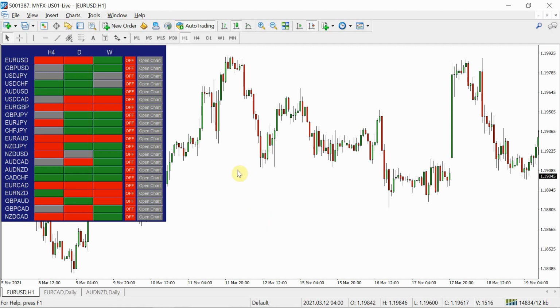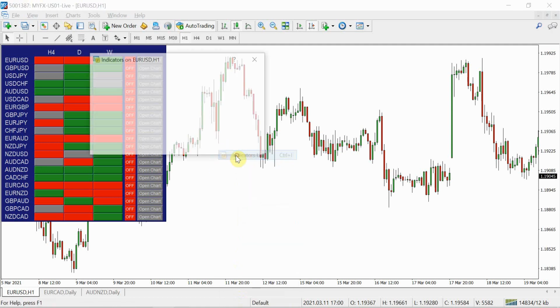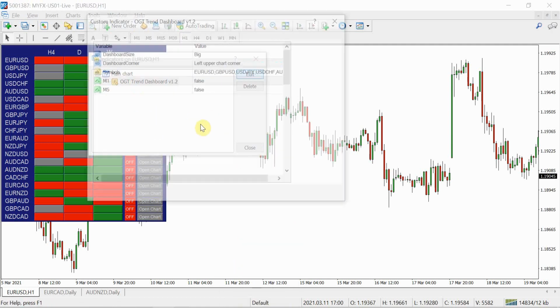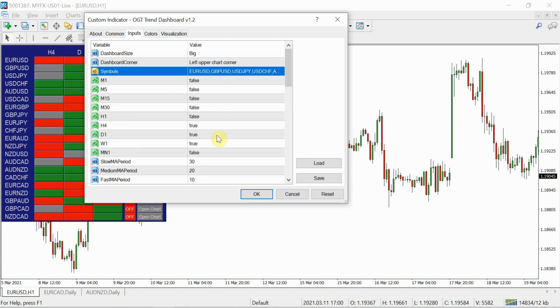What's really neat on the trend dashboard is this cool little feature which allows you to select all time frames trending. That basically means for the time frames you selected, so in our case the H4, the daily, and the weekly, if we set this to true, it will only show the currency pairs that are either trending up or trending down, so green and red effectively.